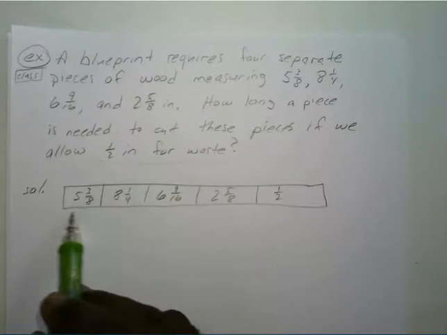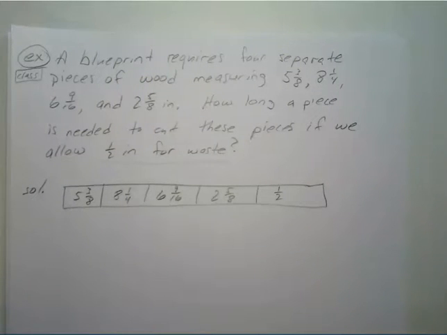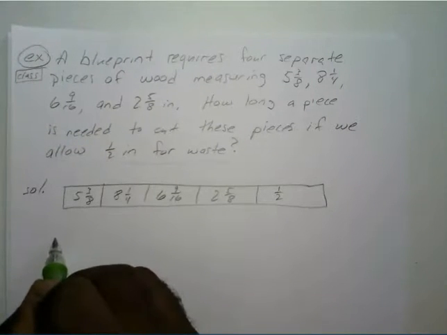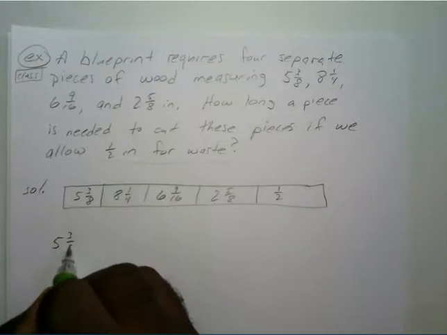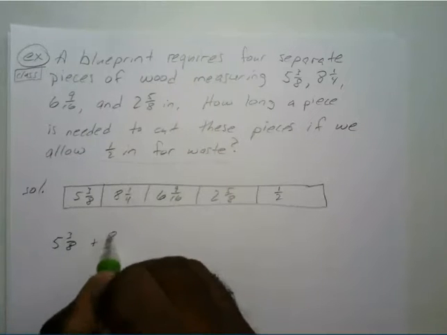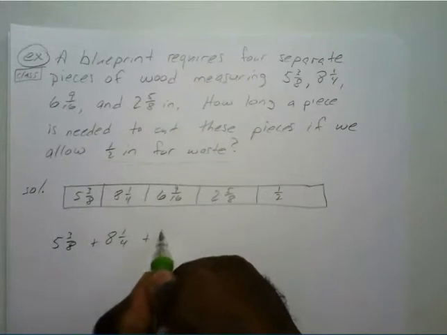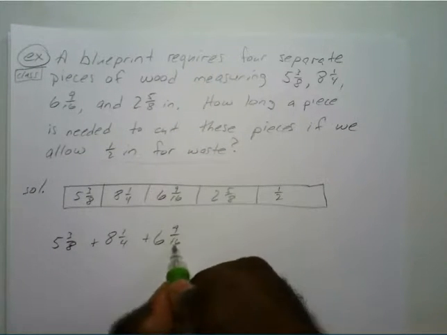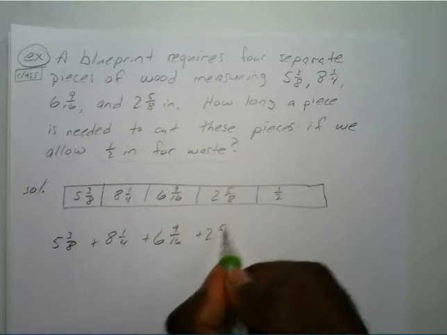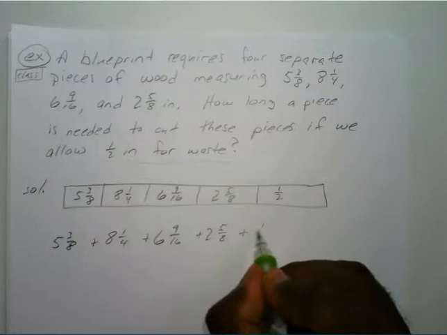Okay, so they want to know how many of that is all together. All right, so we have 5 3/8 plus 8 1/4 plus 6 9/16 plus 2 5/8 plus 1/2.